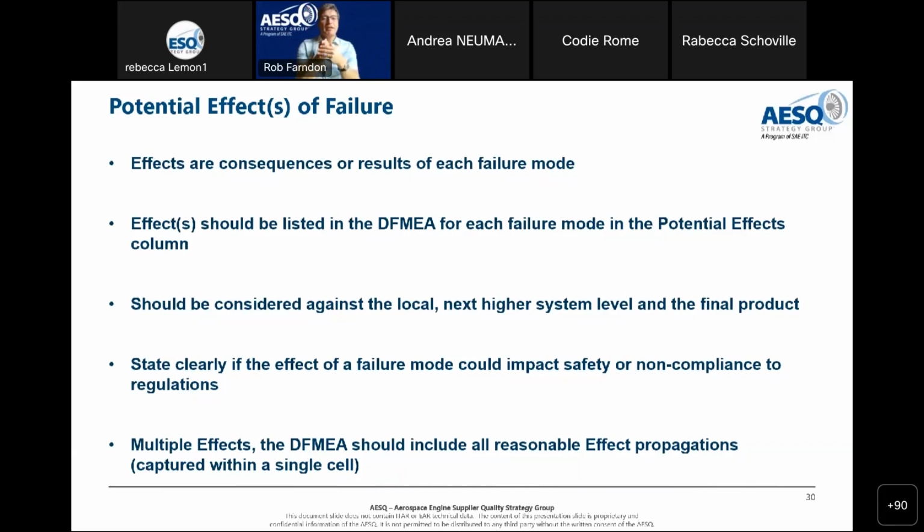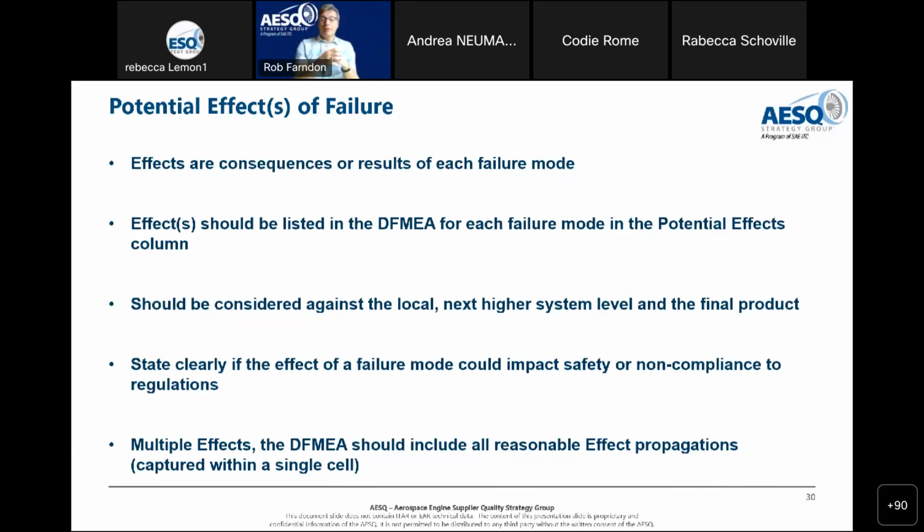So we should state clearly in the effect of the failure where it could impact safety or non-compliance to regulations. Now that's really important, because that indicates we should be scoring higher, and it indicates we should be focusing on it perhaps a little bit more than we would do some of the others. You can have multiple effects in the DFMEA, include all reasonable effect propagations, okay, but you can capture them in a single cell.